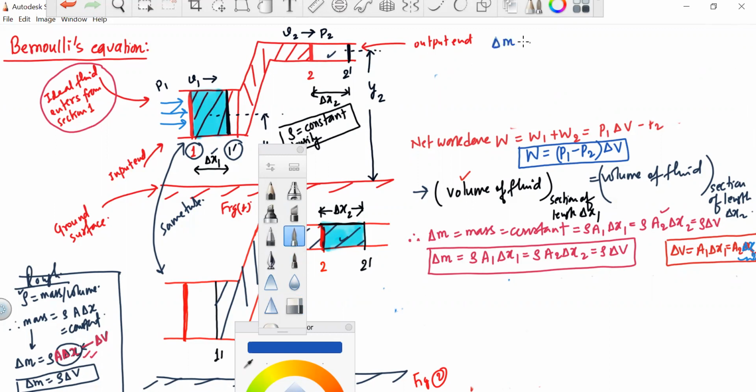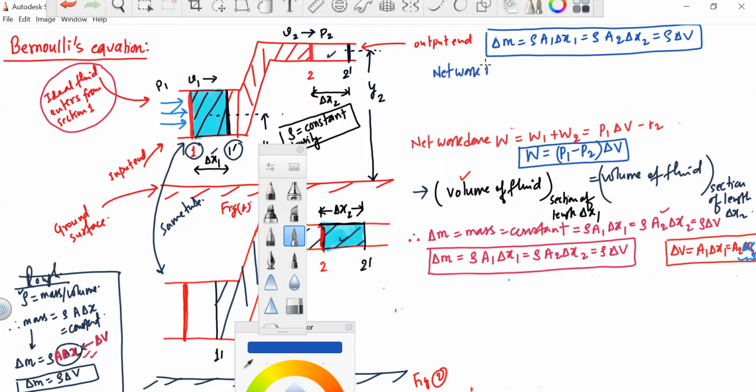Delta m, this is rho A1 delta X1 equals rho A2 delta X2 equals rho delta V, and net work done W equals P1 minus P2, and we have delta V. So we have this, okay?